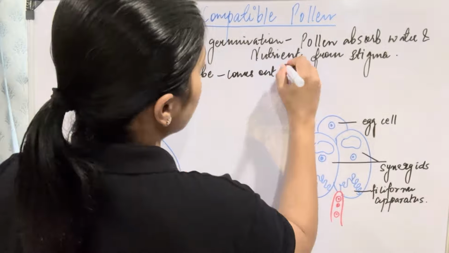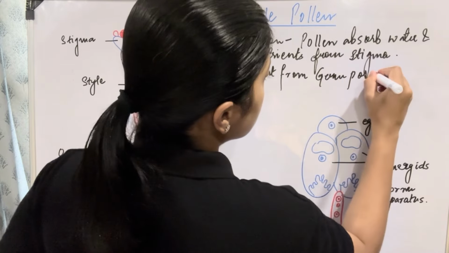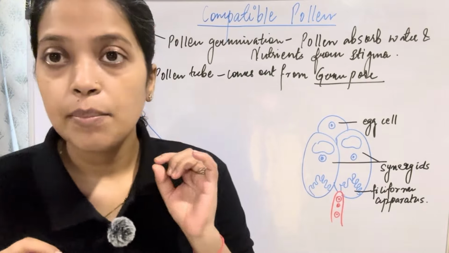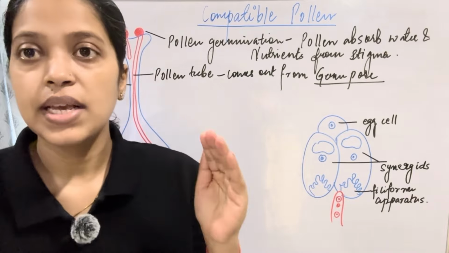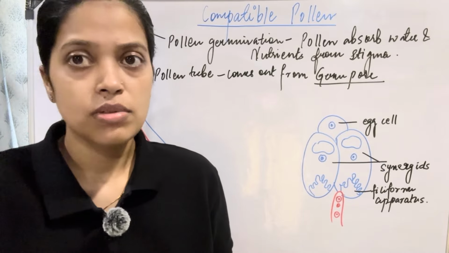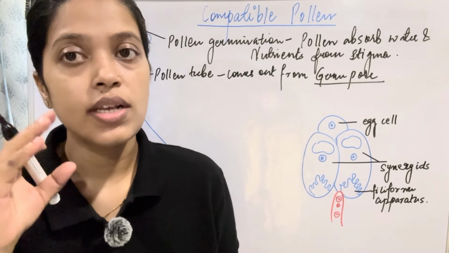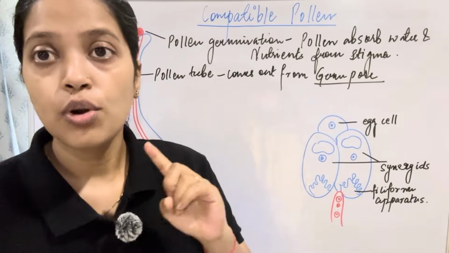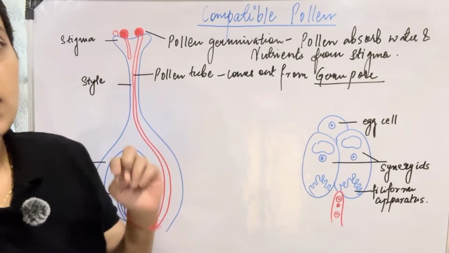If you remember the structure of pollen that I have told you, at some places on the outer wall the exine is absent; those apertures are called the germ pore, from where the pollen tube comes out.